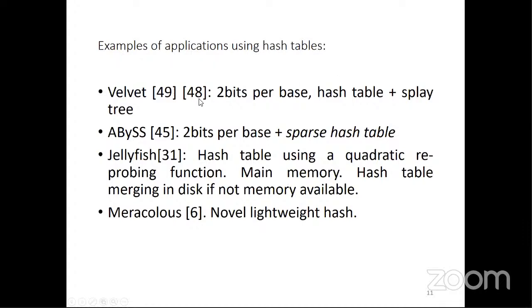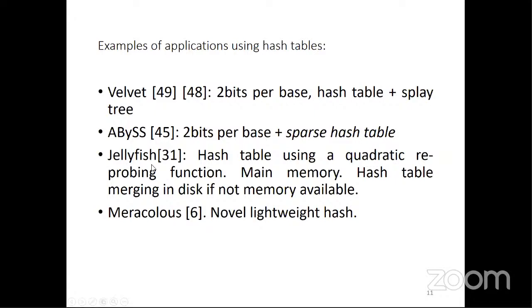Some examples of applications that use hash tables to store K-mers are, for example, ABySS assembler, which uses 2-bit per base codification for K-mers and a split tree to handle collisions in the buckets. Also, Abyss uses a 2-bit per base representation and a sparse hash table with a linear probing scheme for storing K-mers.